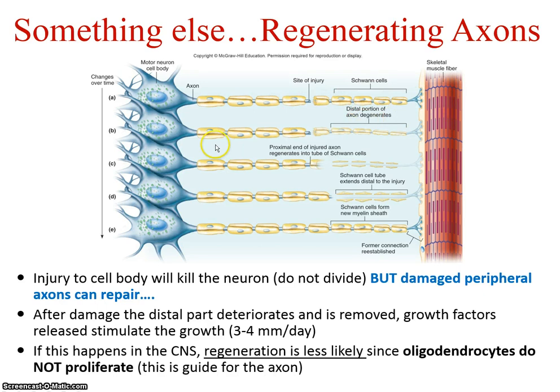So while this connection remains severed, there won't be any movement because there's no contraction. But slowly, at 3 to 4 millimeters a day, we will see the Schwann cells divide, and as they divide, they will guide the axon back to contact. So you can regain some function if you have damage to an axon.